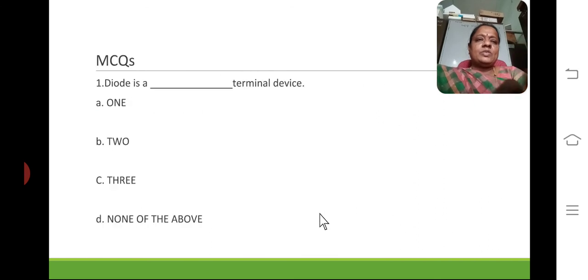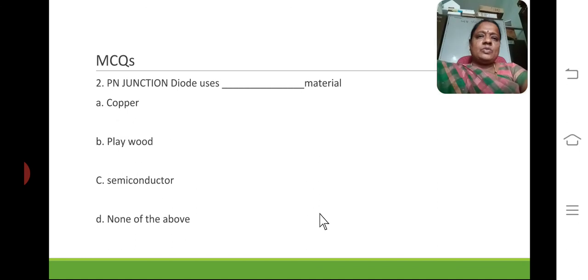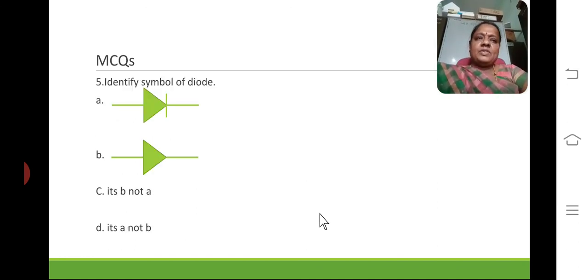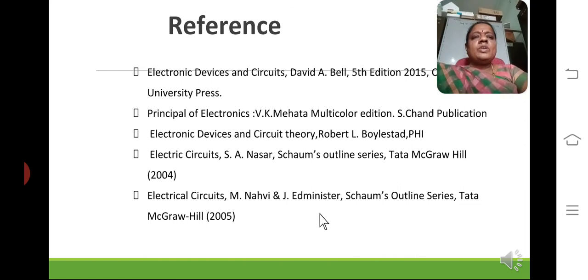Let us hope all of you have understood this. Please go to the PPTs and the video again and solve these MCQs. I have given 5 MCQs here, and if you want, you can refer to the book also.